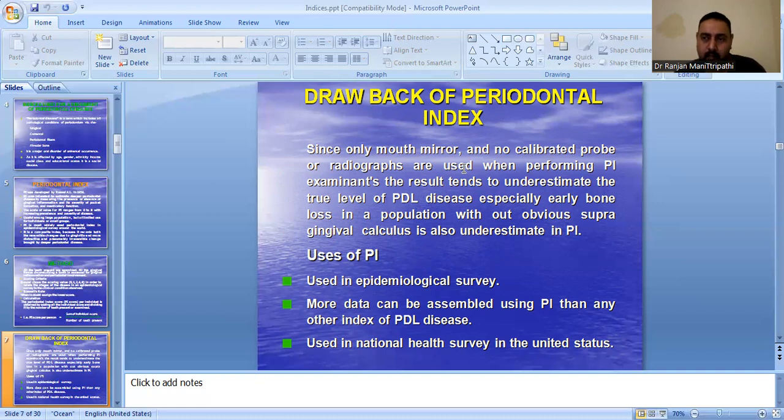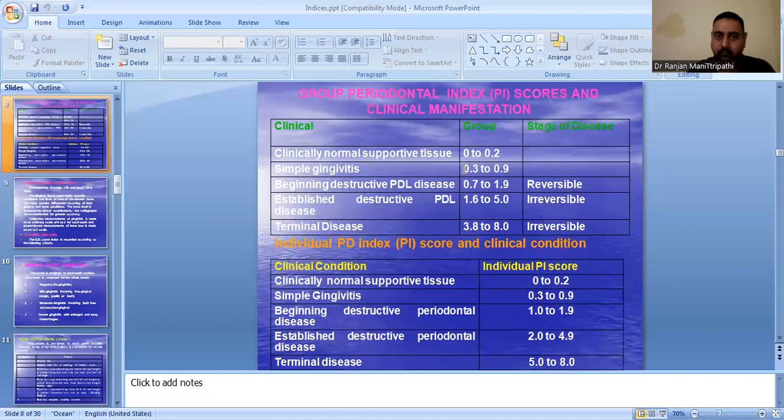There are a few uses also. It is used in epidemiological surveys. More data can be assembled using periodontal index than any other index of periodontal diseases. It is used in the national health survey in the United States.